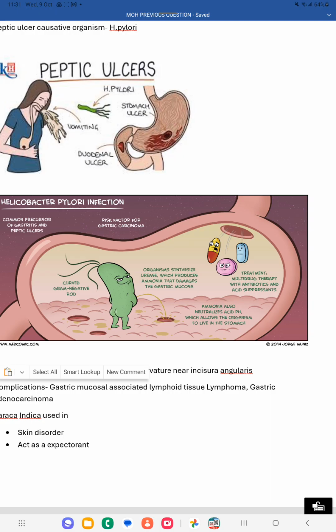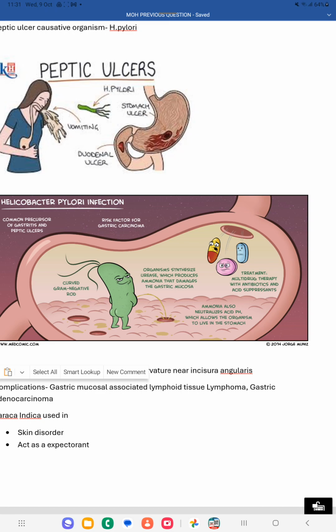HCl is a strong acid, it would kill all the organisms, but to protect themselves from the HCl they produce this ammonia. Because of that, H. pylori easily enters the gastric mucosa and produces inflammation, and at that stage if you are not treating properly, that inflammation turns into ulcer formation.